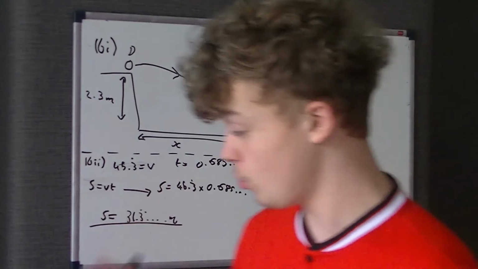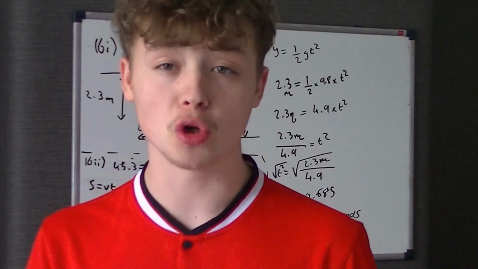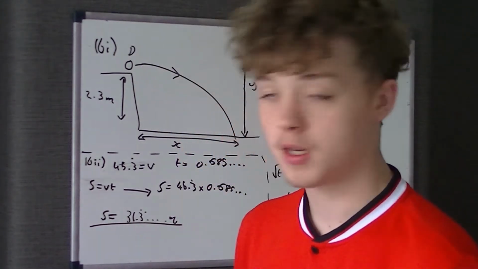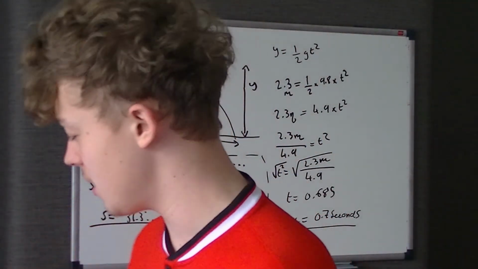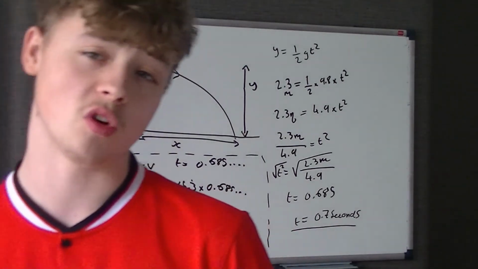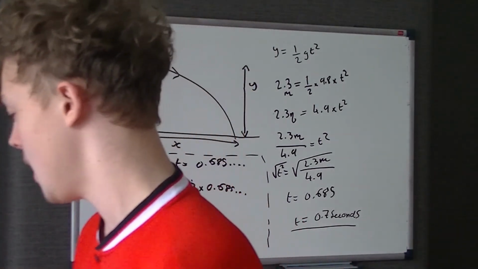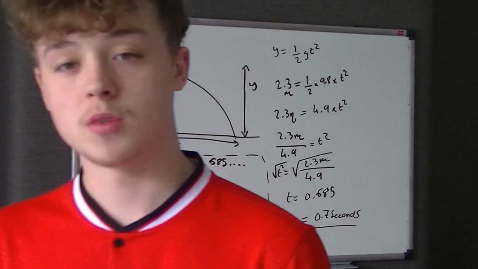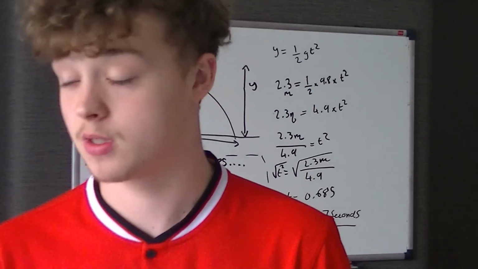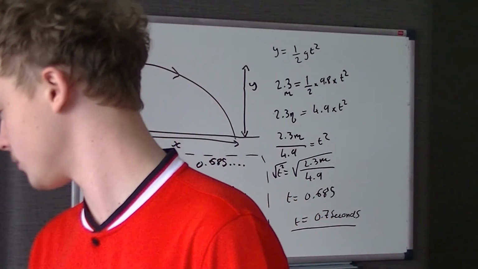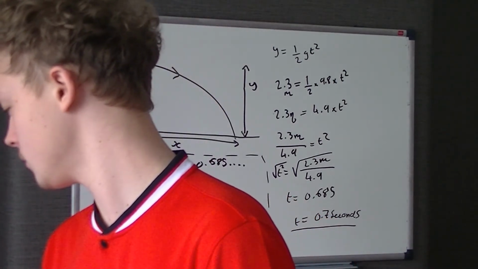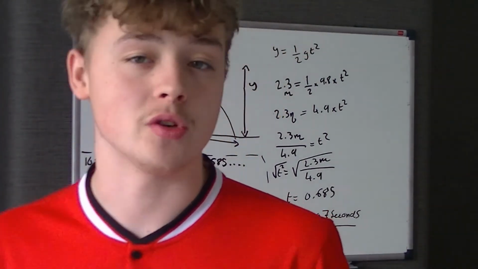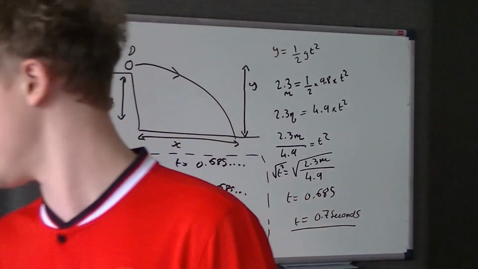So it says, explain why in practice the ball will not travel this far before hitting the ground. Now you can infer from what they've told you before. In the previous part, they said assume that only gravity acts on the ball as it falls. Sorry, yeah, it's basically telling us that we're ignoring the effects of air resistance, as I said.